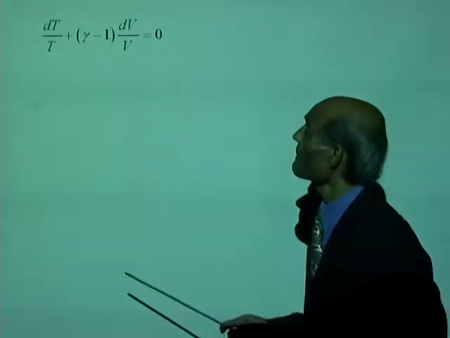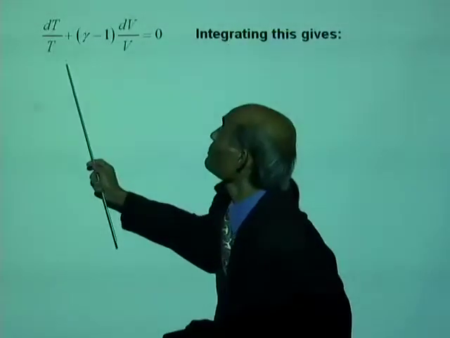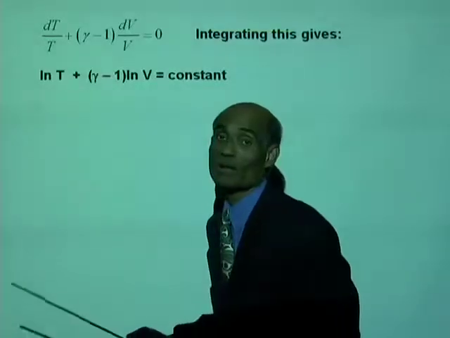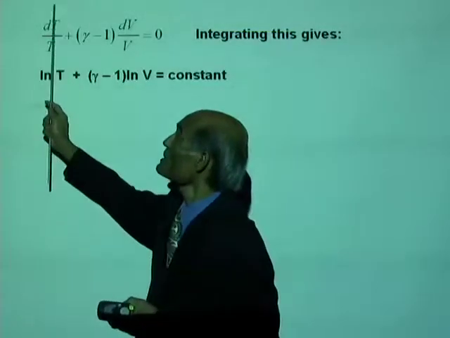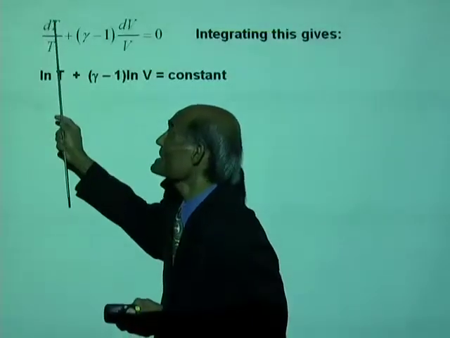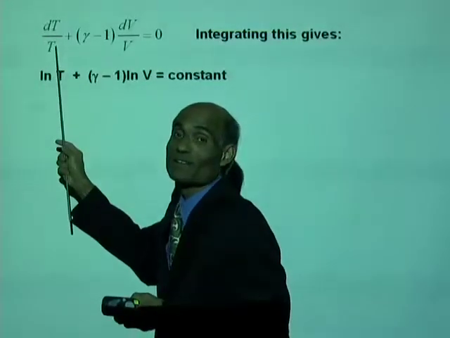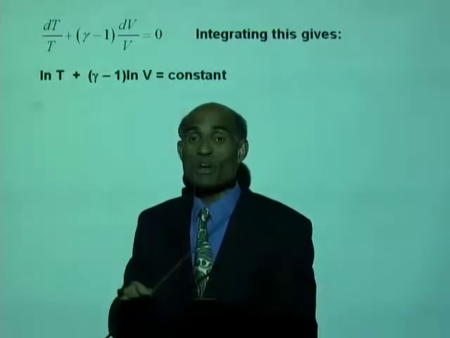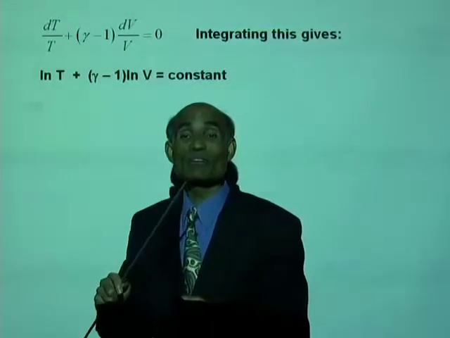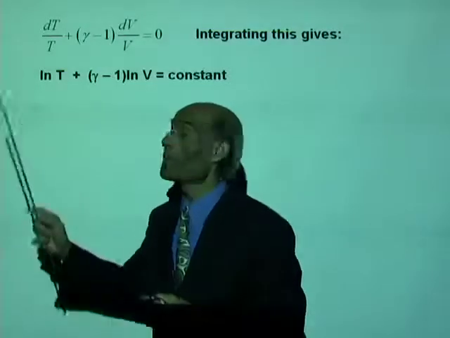Let's do that. So integrating this gives, well, I'm assuming that you know these integrals. Tell me, what is the integral of dT over T? We talked about that in the last class. The integral of dx over x is ln x.